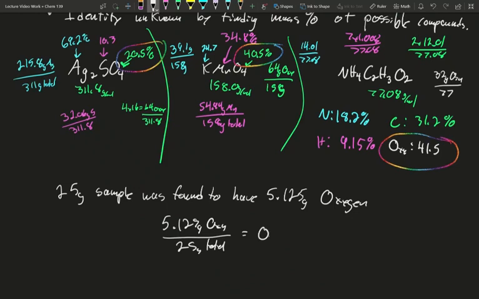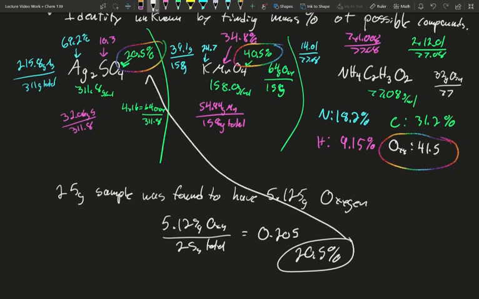This comes out at 0.205 or times 100%, 20.5%. So 2 of our unknowns actually had fairly close oxygen percentages that might have been hard to distinguish, but luckily our samples showed that it was pretty clearly silver sulfate. It didn't fall anywhere near 40%, so it's probably not potassium permanganate or ammonium acetate.